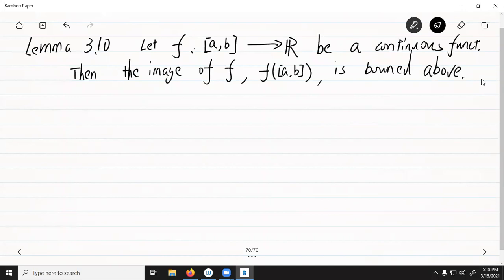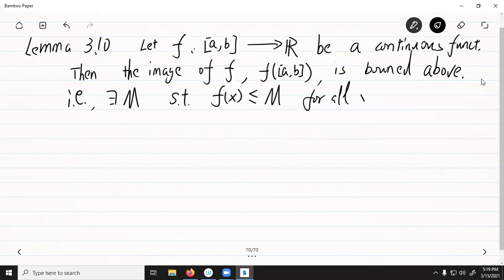If a function is continuous on a closed interval, then its image has at least an upper bound. In other words, there exists some constant M such that f of x is less than or equal to M for all x in [a, b].